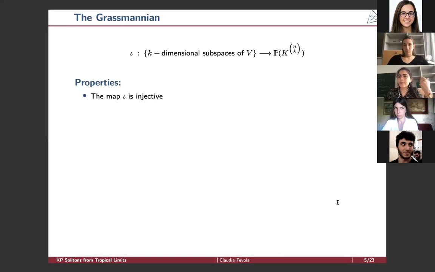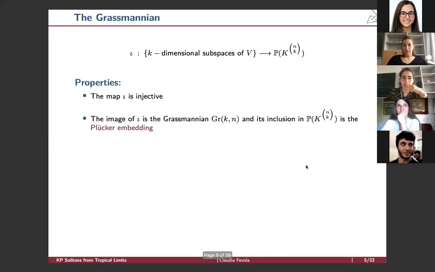And this map is well defined since the image of a subspace does not depend on the choice of the basis. And in particular, this map is an embedding. The image of this map is what is called the Grassmannian, and this inclusion is called the Plucker embedding.